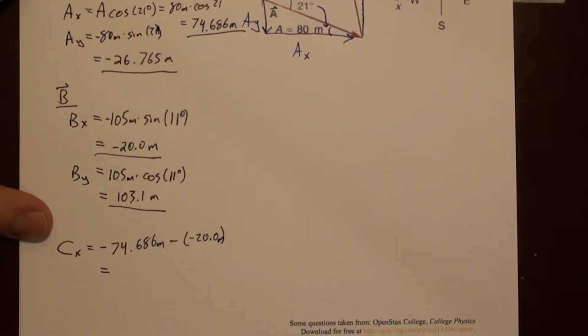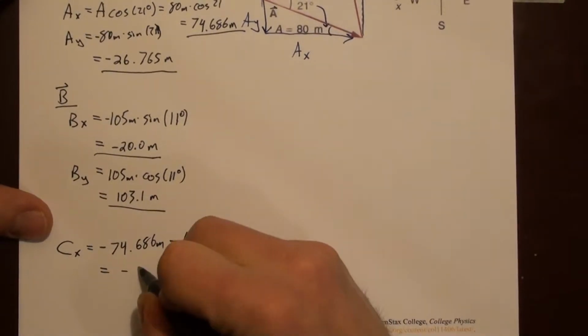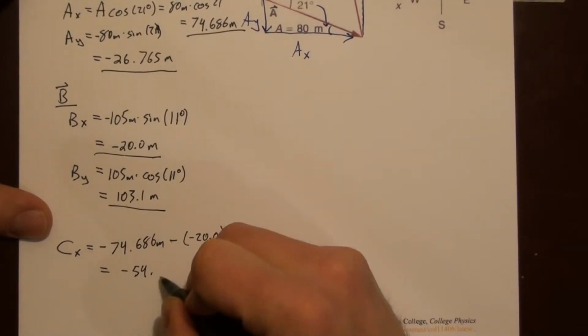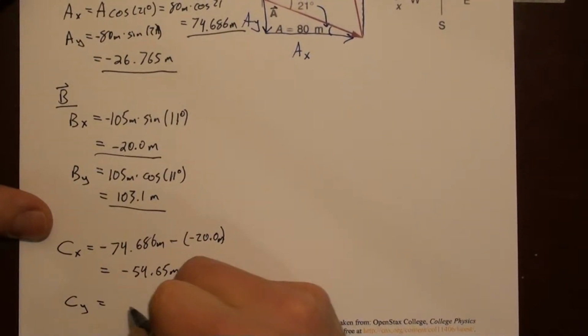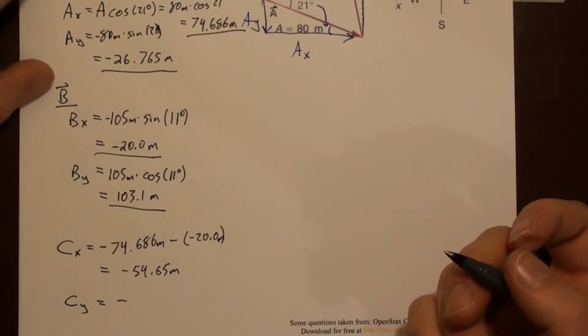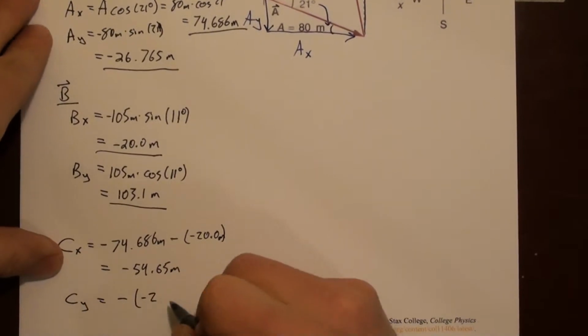And when you do that math, you get minus 54.65 meters.